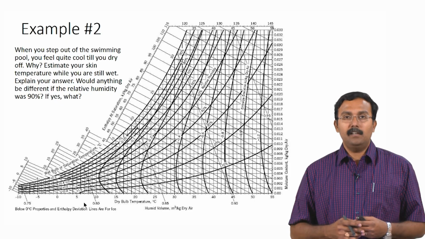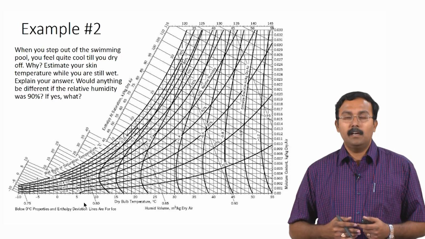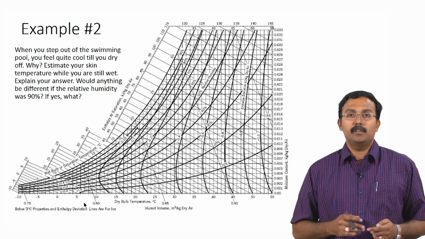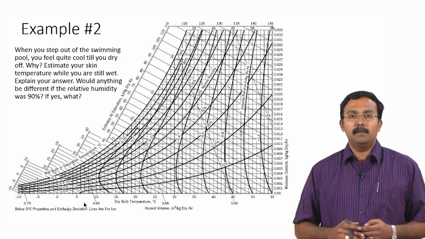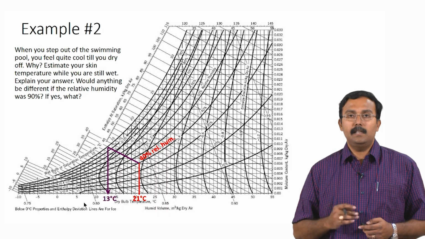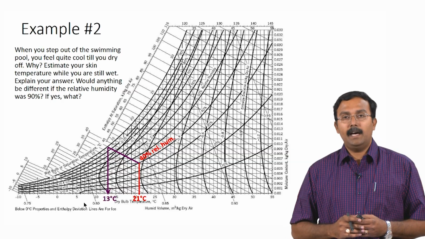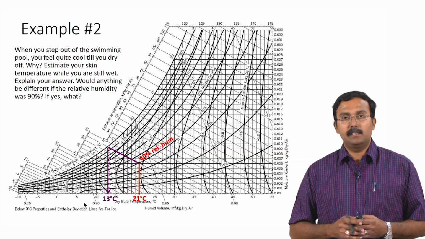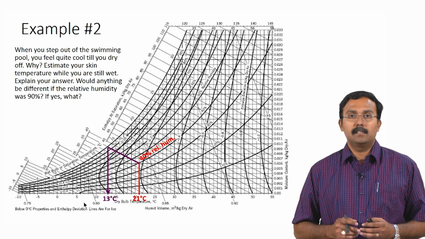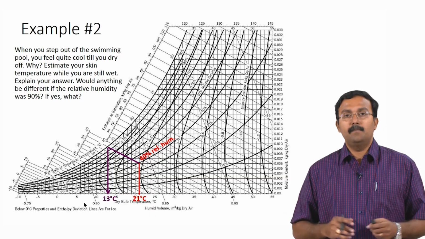So, if you keep standing with wet skin outside and assuming the skin remains wet, your temperature will drop all the way to the wet bulb temperature. The temperature on your skin can actually drop to the wet bulb temperature, which would be 13 degrees Celsius. Although the actual temperature of air in your surroundings is 21 degrees Celsius, the temperature your skin would be experiencing would be 13 degrees Celsius. That is why you feel a lot colder when you are wet compared to when you are dry at the same temperature.